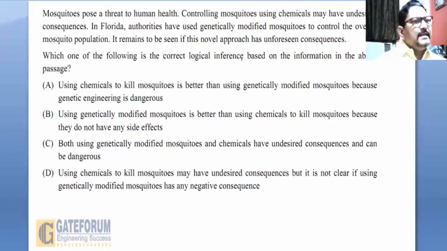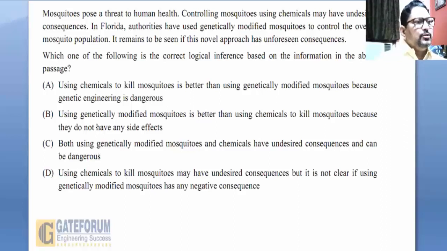We can't add any information or give our own judgment. Now, nowhere in the passage has this been written. So obviously this can't be the correct logical inference. Inference means conclusion. Can't be the logical conclusion of the question.